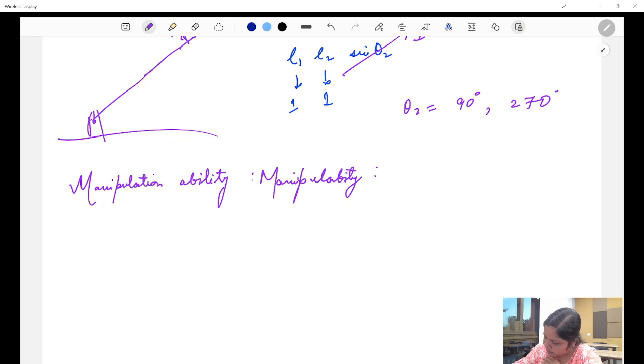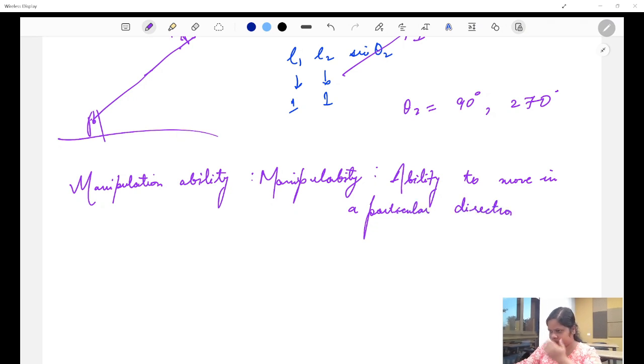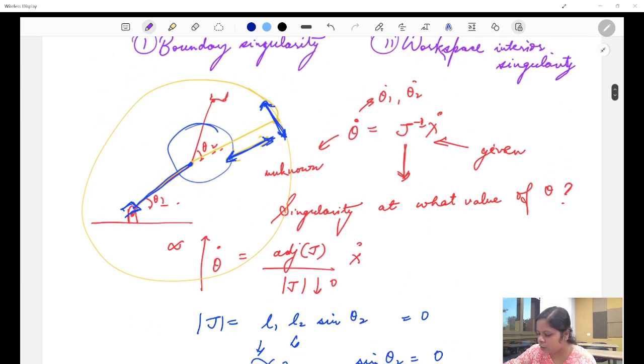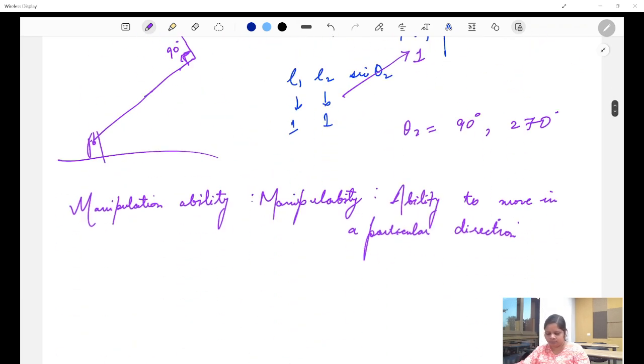So it is basically the ability to move in a particular direction. In this case you are able to move in this direction only, whereas in this case you are able to move in two directions, both of these directions, here and here, all of these.